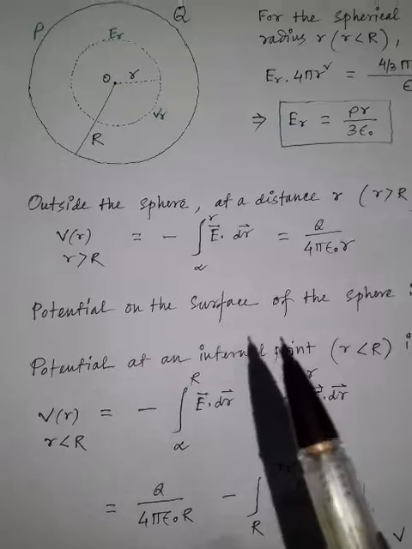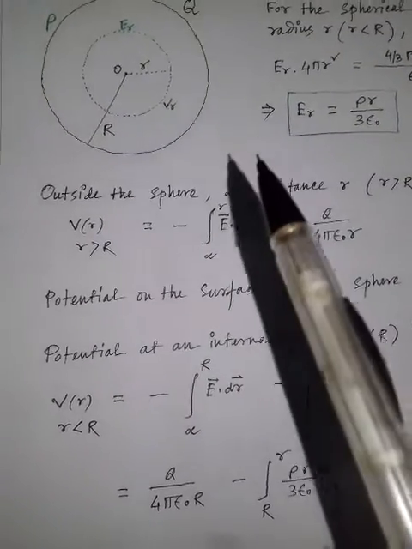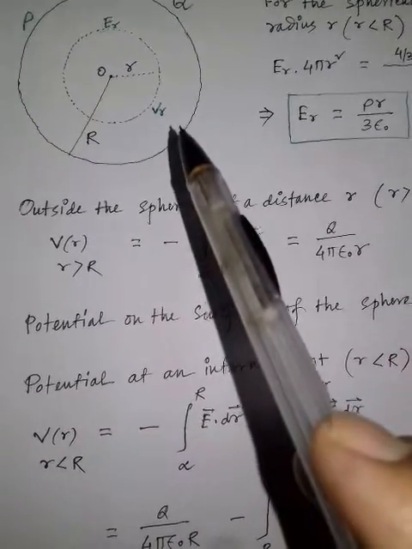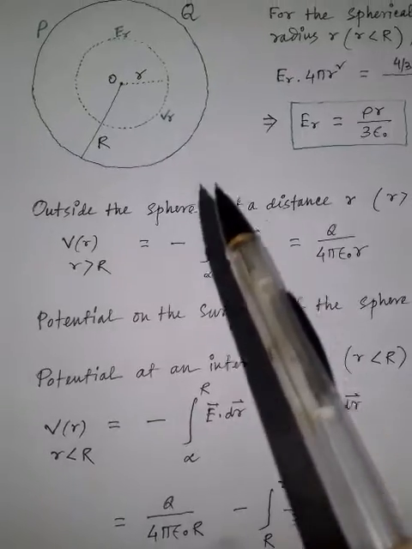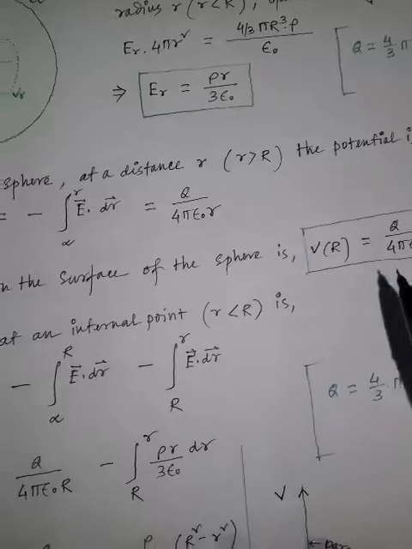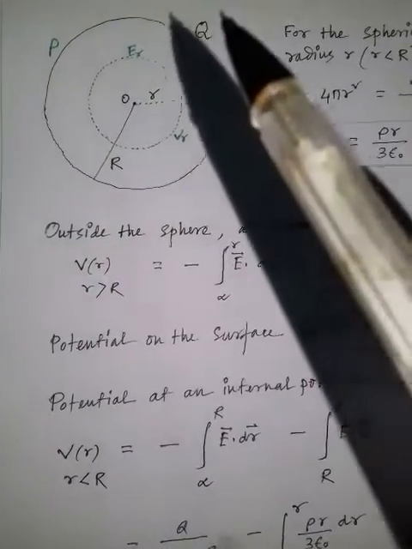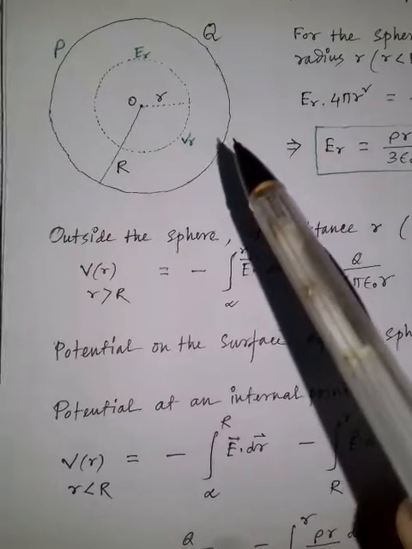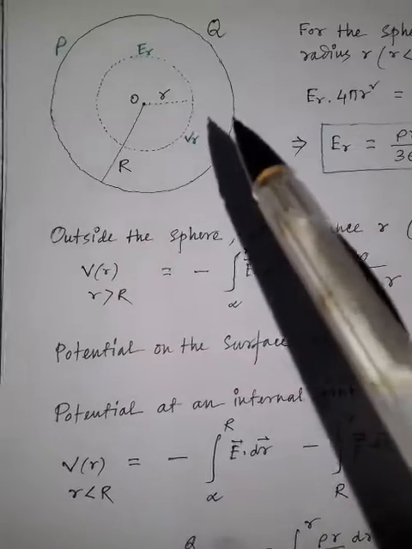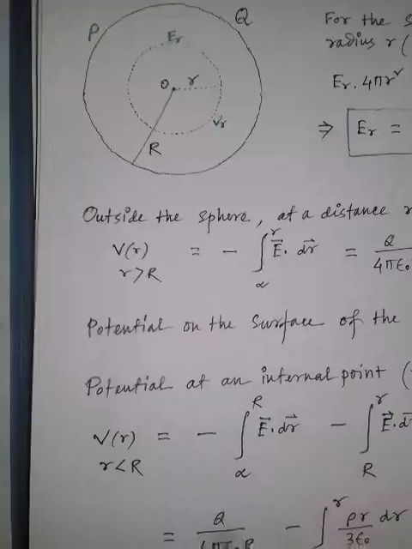We can divide this work done into two parts. First, we bring the point charge from infinity to the surface. This portion gives us the potential of the surface, which is equal to Q by 4 pi epsilon naught R. In the second part, we drive the charge from this surface to the field point.